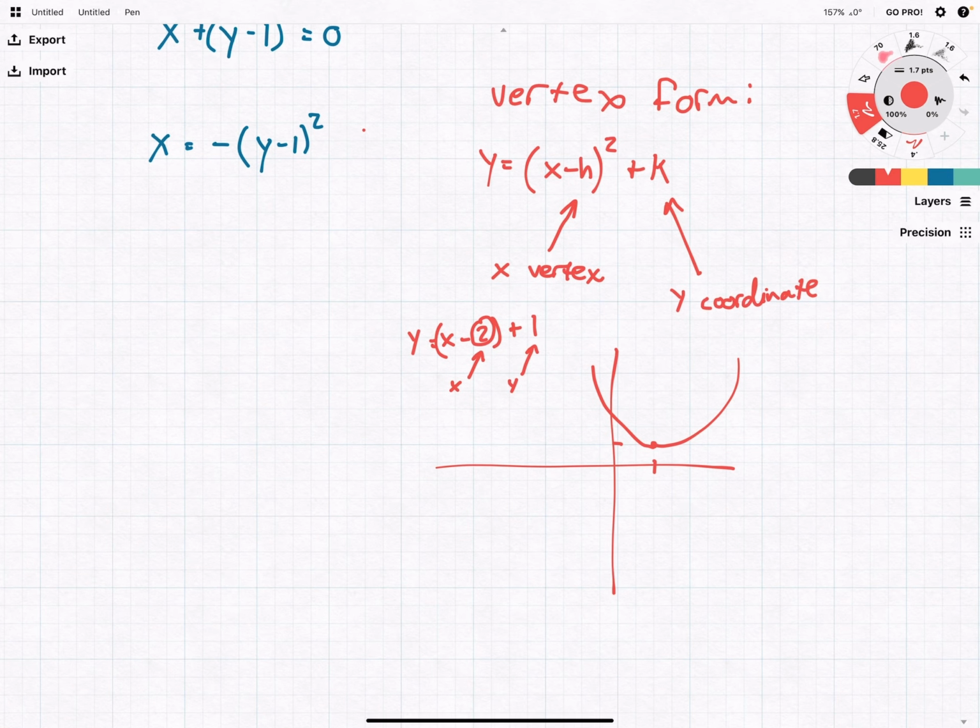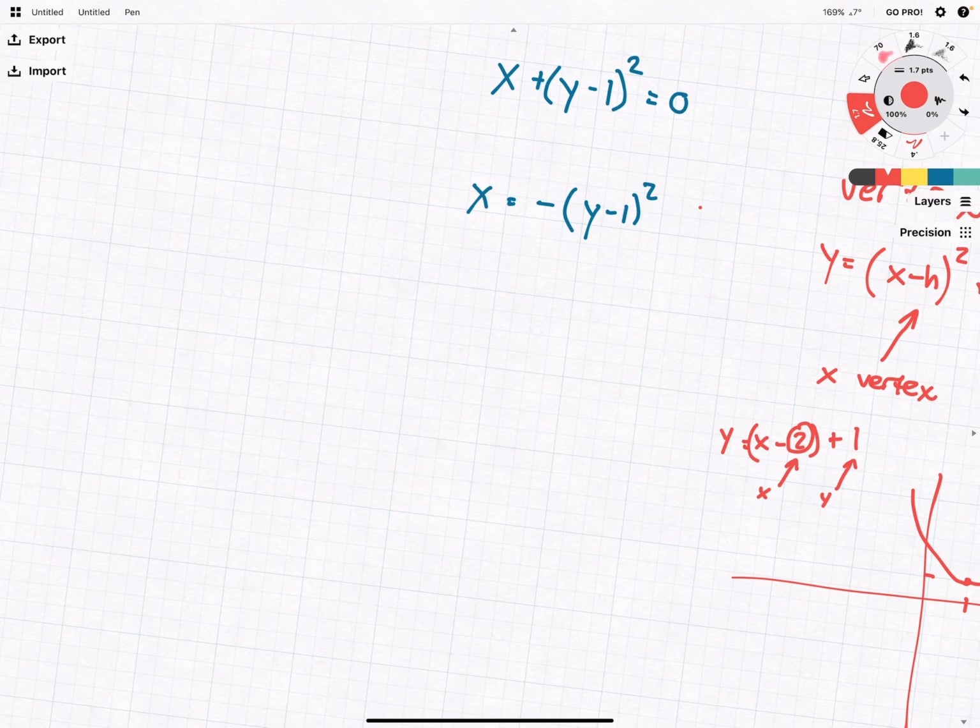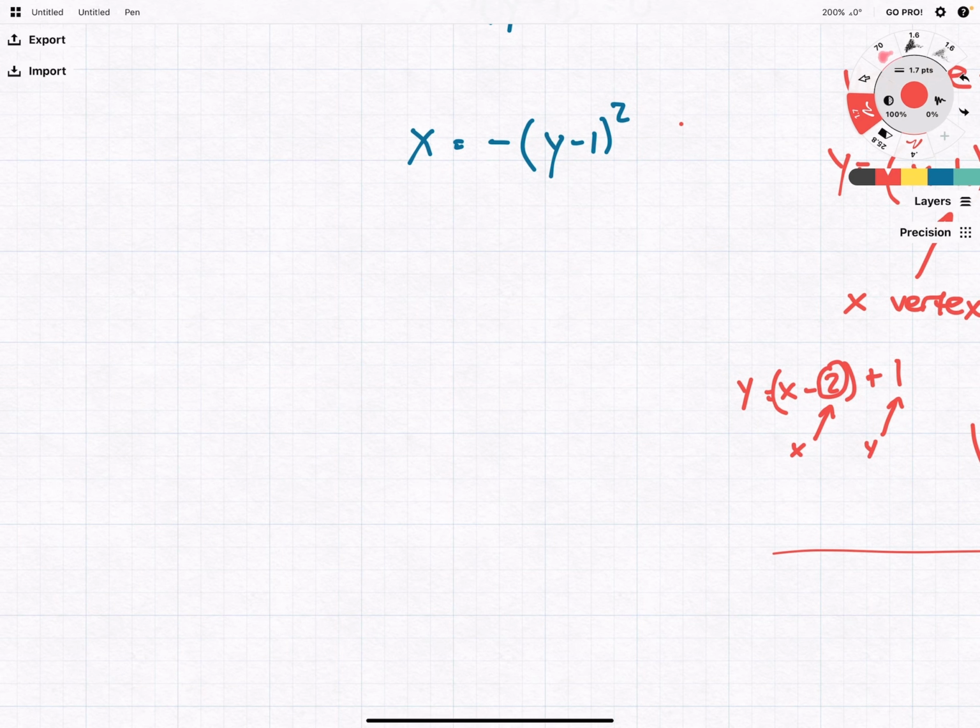Anyways, that's vertex form. So here we have a pretty backwards version of vertex form, where instead of y equals x, we have x equals y of some sort. And it's not just y, it's a negative y. So our graph is going to be this way.